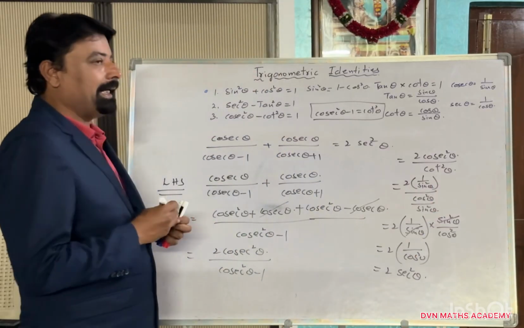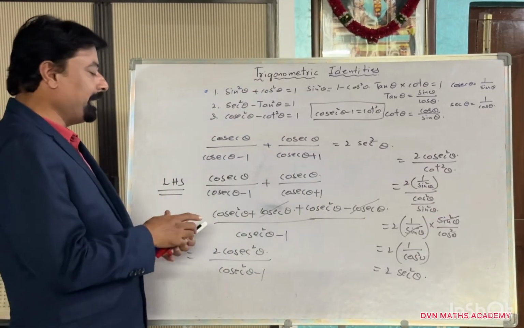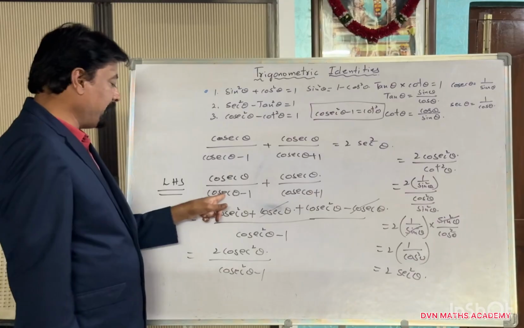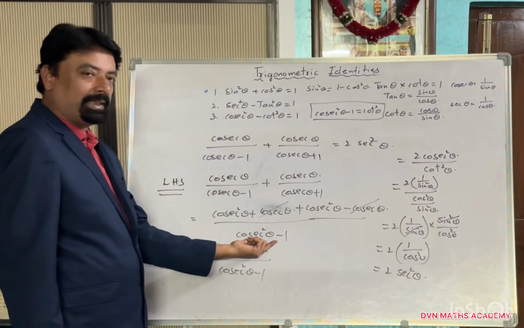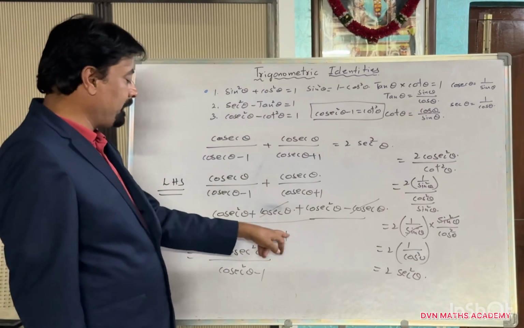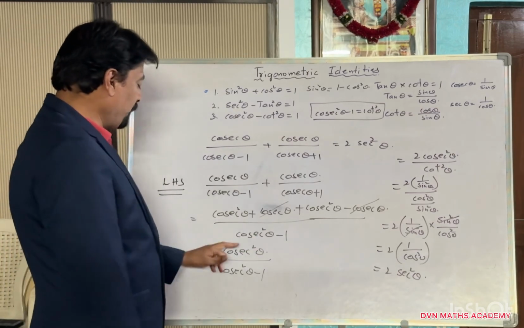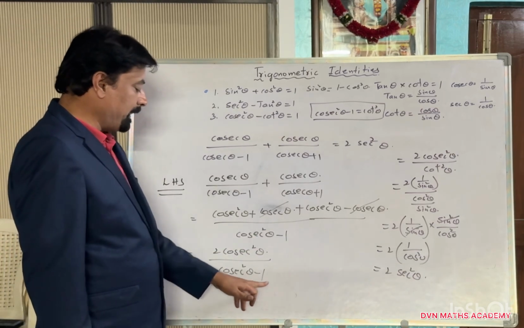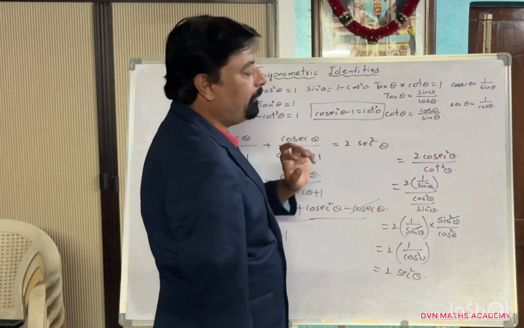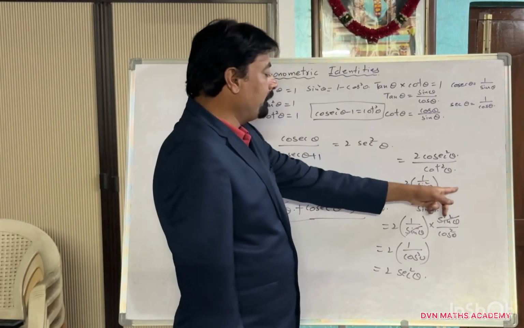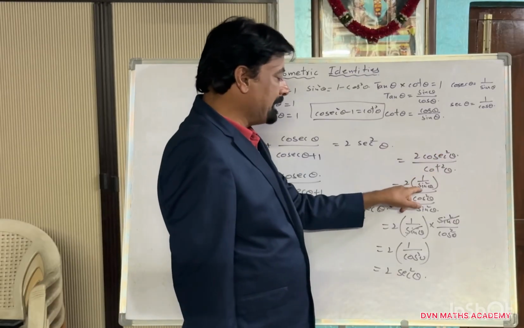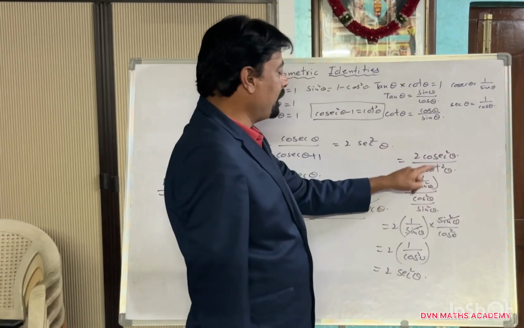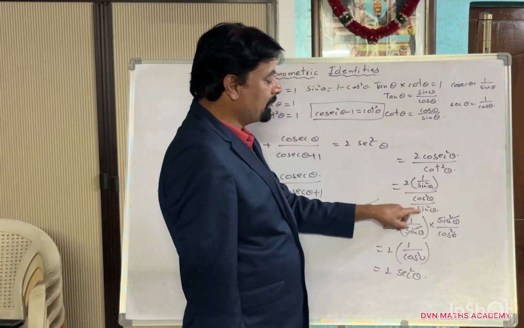This becomes 2 sec square theta. Once again, I will explain. There are two, three identities I used here. The first is a minus b into a plus b. In the case of LCM, I wrote a square minus b square, that is cosec square theta minus 1. After writing this, I wrote cot square theta. Afterwards, this step is very important. Cosec square theta is equal to 1 by sin square theta, and cot square theta is equal to cos square theta by sin square theta.